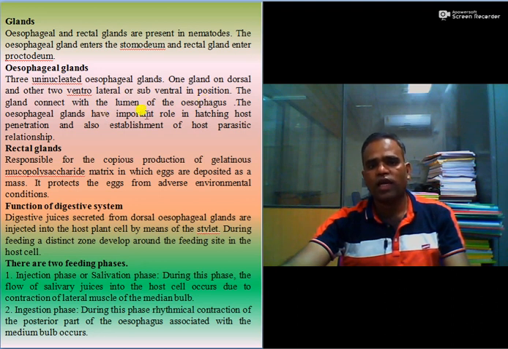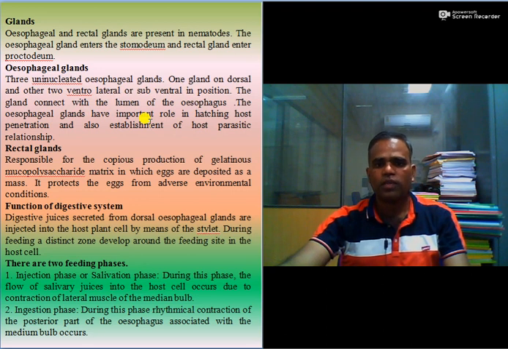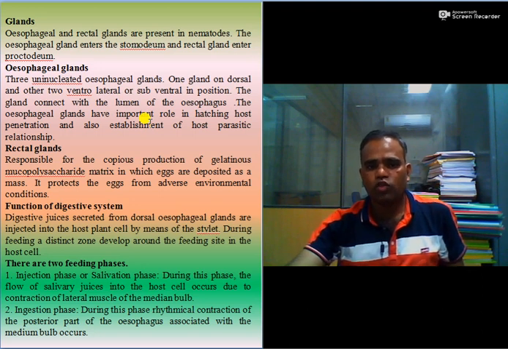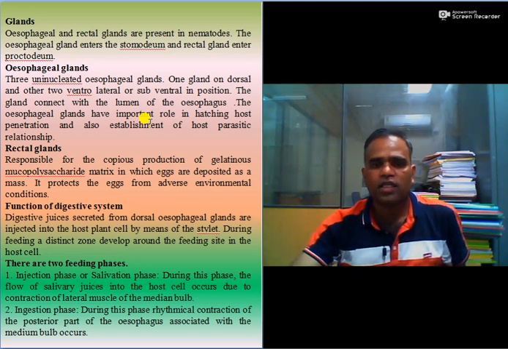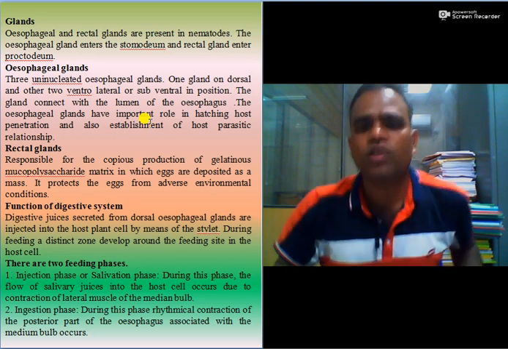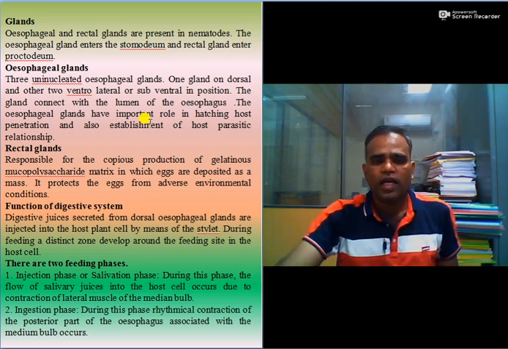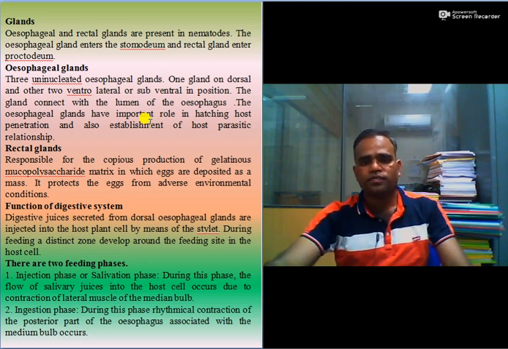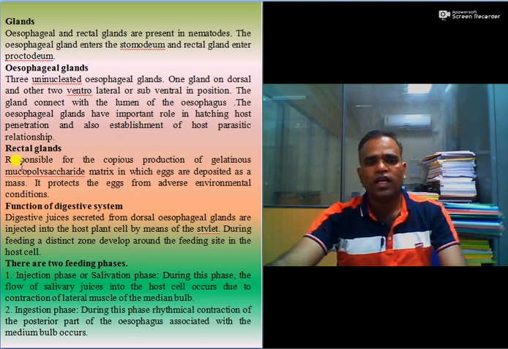The esophageal glands have an important role in hatching, host penetration and also establishment of the host-parasite relationship. So the secretions of these esophageal glands are important in hatching, host penetration, and also for establishment of the host-parasite relationship. Then the second one is the rectal glands.